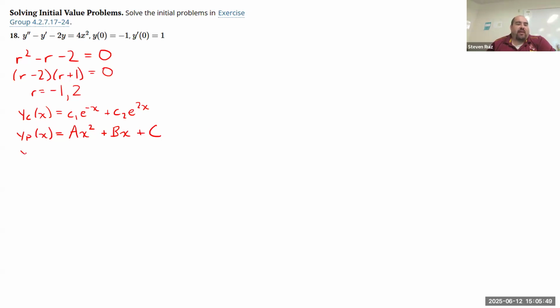And from here, let's figure out what my derivatives are. First derivative will be 2ax plus b. C vanishes. And then yp double prime of x, that'll simply be 2a. All right. So if I take these three values to my differential equation, what do I get?